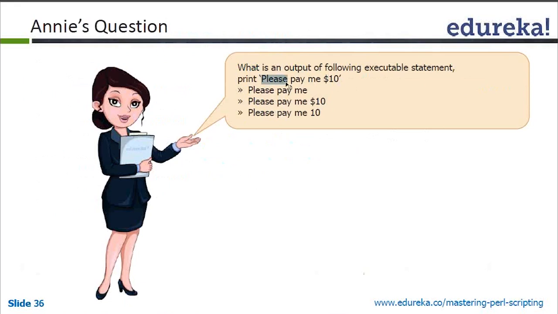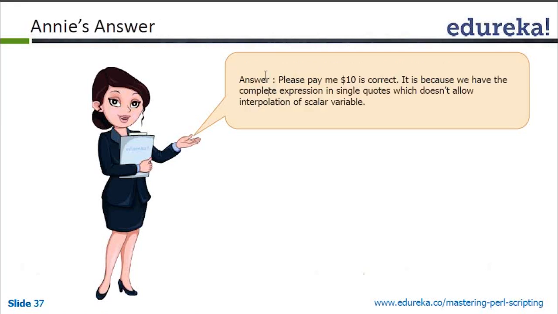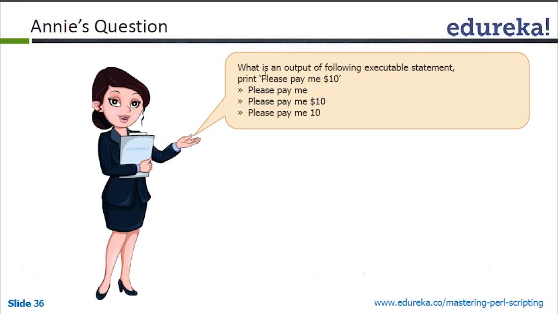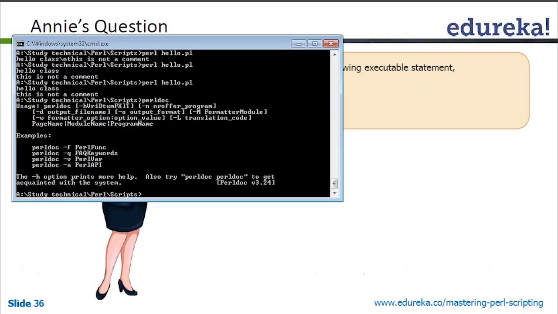It will just say, please pay me $10, because it doesn't have anything else. It will print as it is. You can see the answer and the reason for that. This is because we have the complete expression in single quotes, which does not allow interpolation of scalar variables. But had you put something like $name here, I'll go to the code and put the same thing.